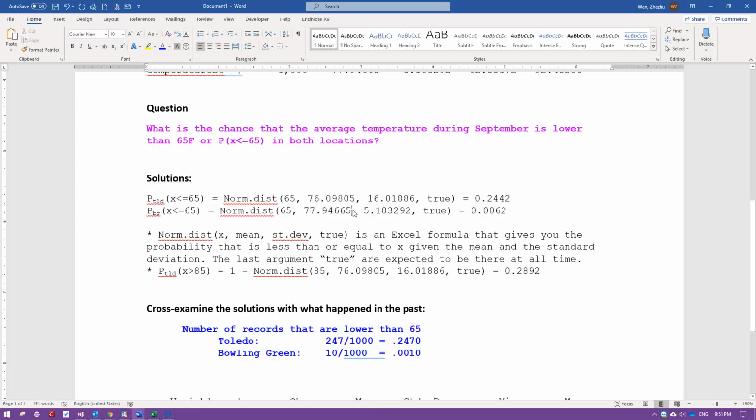So the answer you can offer is that as long as Toledo weather or Bowling Green weather does not change their pattern dramatically, the chance of weather less than 65 Fahrenheit degree is 24% in Toledo and 0.6% in Bowling Green. Okay.